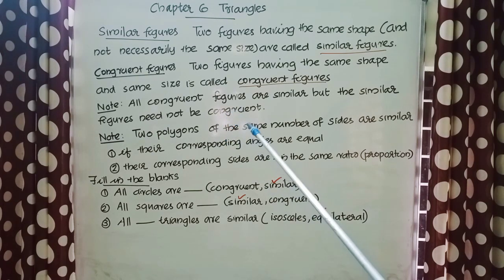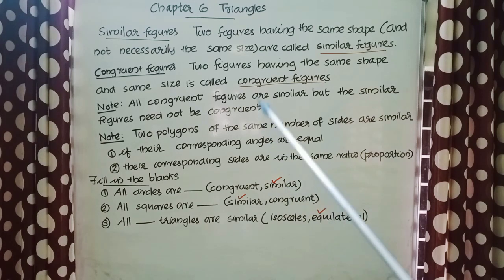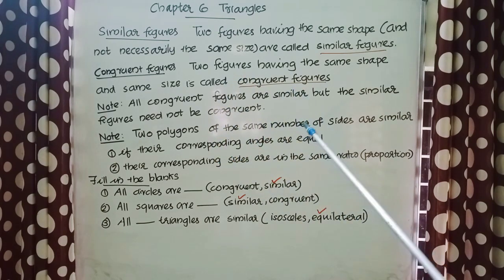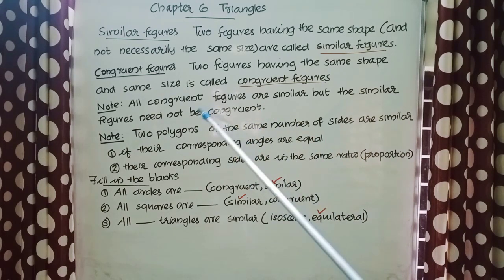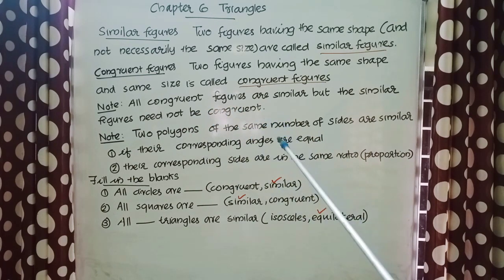Triangle, quadrilateral, all are polygons. So here it is saying two conditions to be satisfied by a polygon for it to be similar. The first condition is their corresponding angles are equal. The second one is their corresponding sides are in the same ratio, that is, proportion.